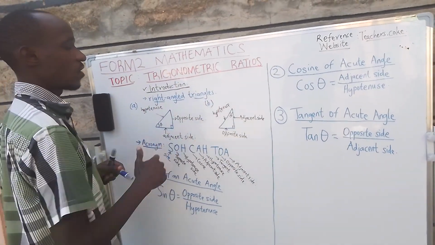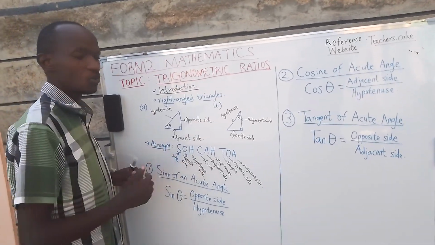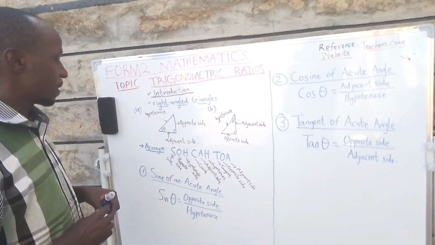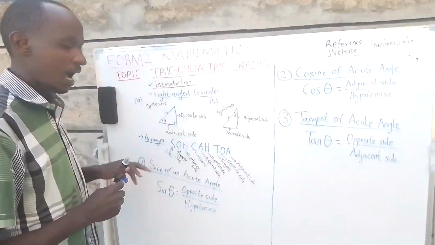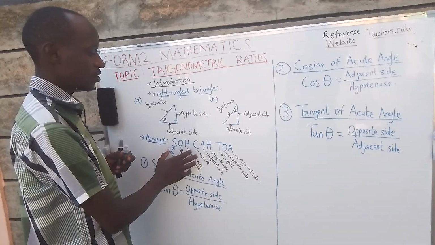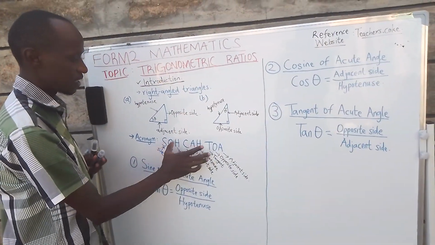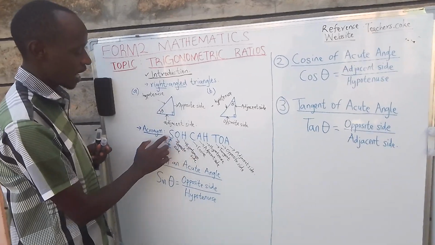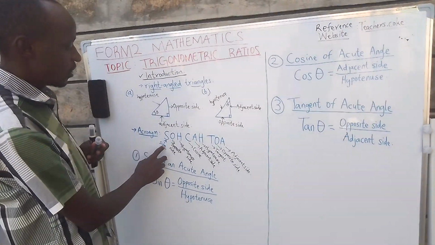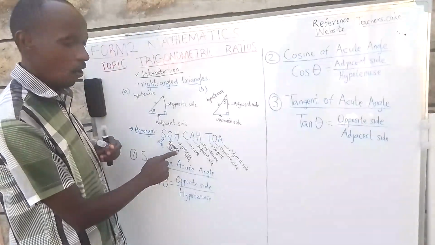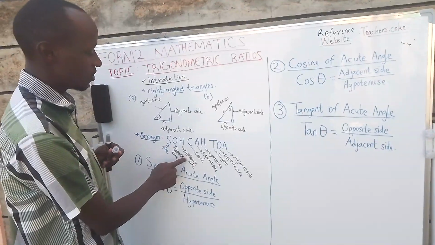Now, once you know the right-angled triangles, we are going to look at the trigonometric ratios. We are going to use the common acronym SOHCAHTOA. S stands for the sine of the angle, O stands for the opposite side, H stands for the hypotenuse side.